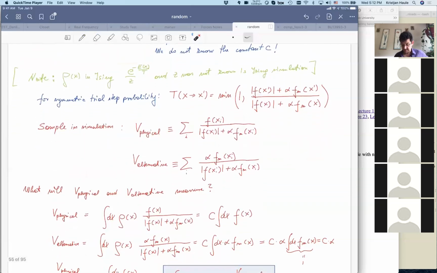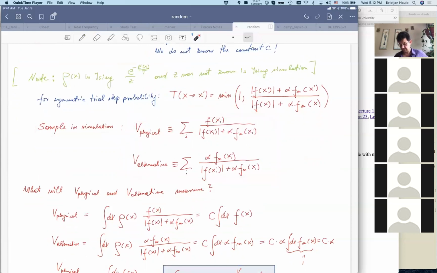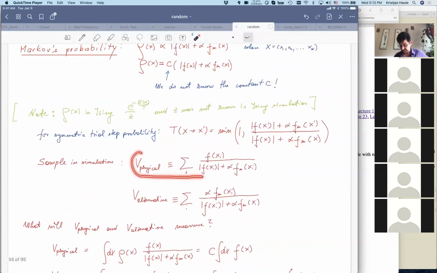Then the recipe is, when you sample, you measure two things. Let me call the first one V physical, such as volume. I could call it average F or whatever, but this is the quantity that I'm measuring, and this is the other quantity that I'm measuring. When you measure, you evaluate the function, and then you divide by whatever we took for rho.